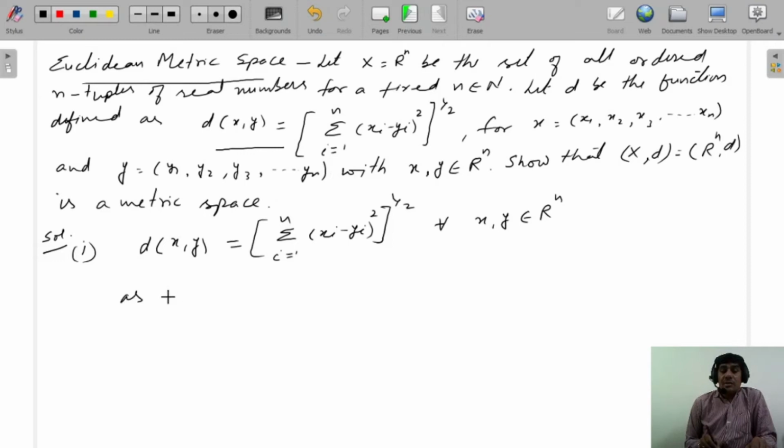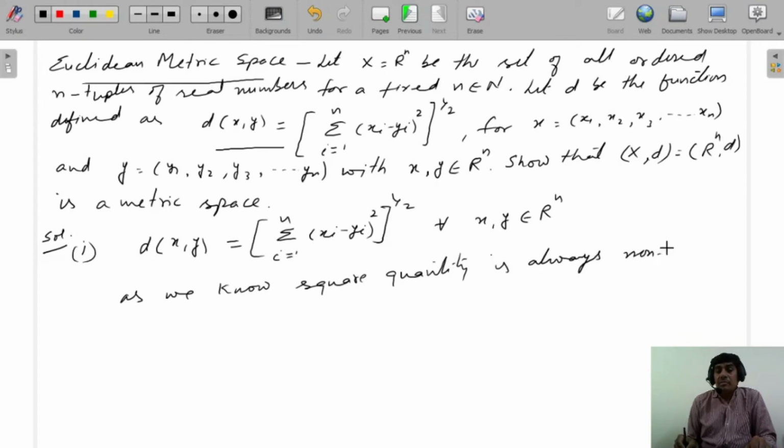As we know, a square quantity is always non-negative. Therefore (xi − yi)² is greater than or equal to 0 for every i from 1 to n.